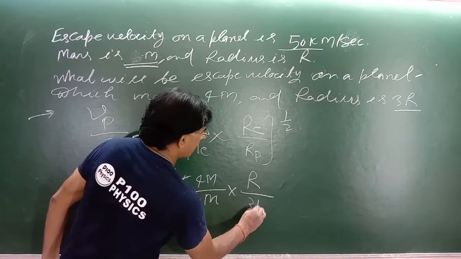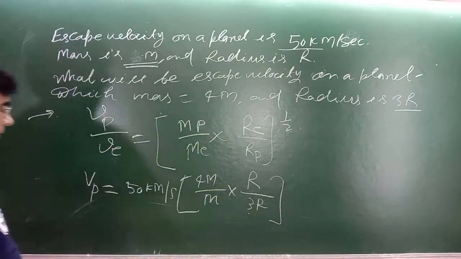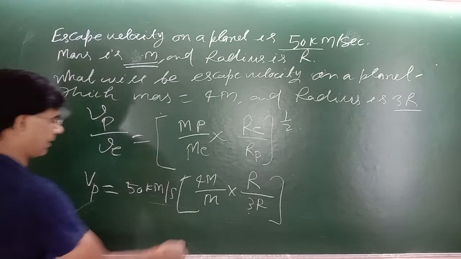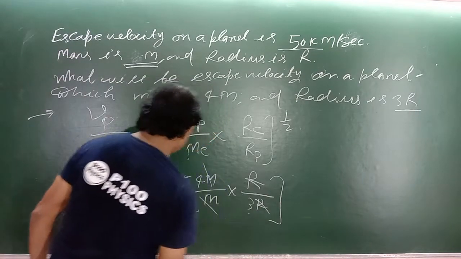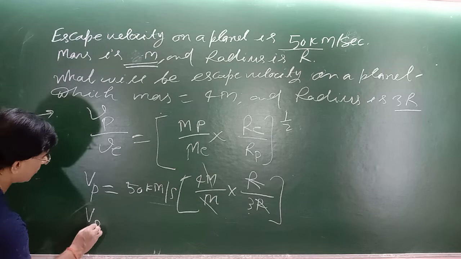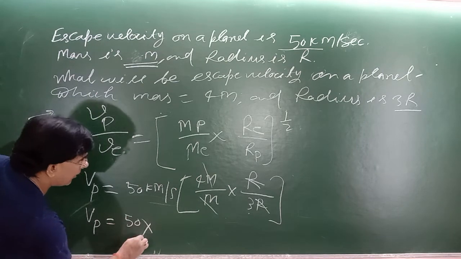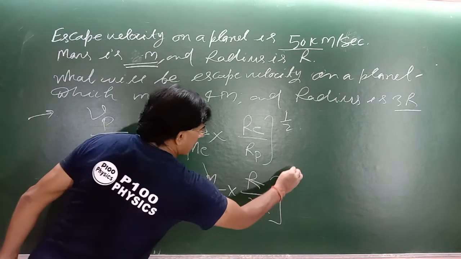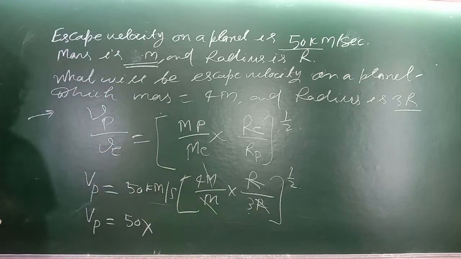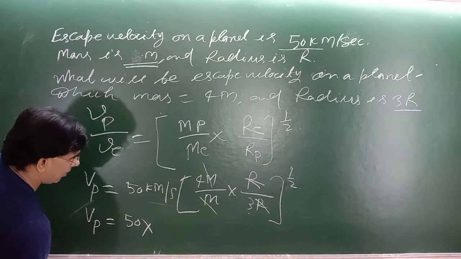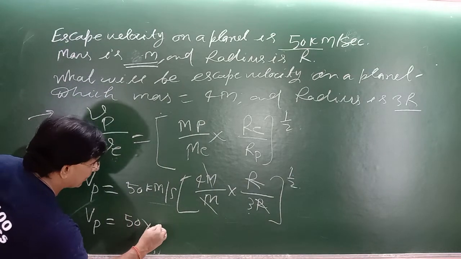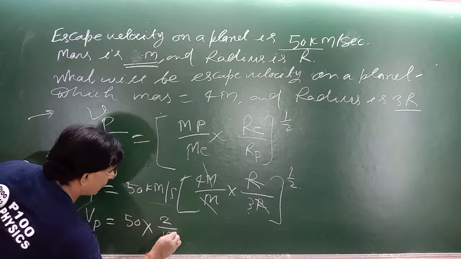This is the fantastic way of solving this question. M and M become cancelled, R becomes cancelled, and you will get Vp equal to 50 into root of 4 upon 3, which is 50 into 2 upon root 3.